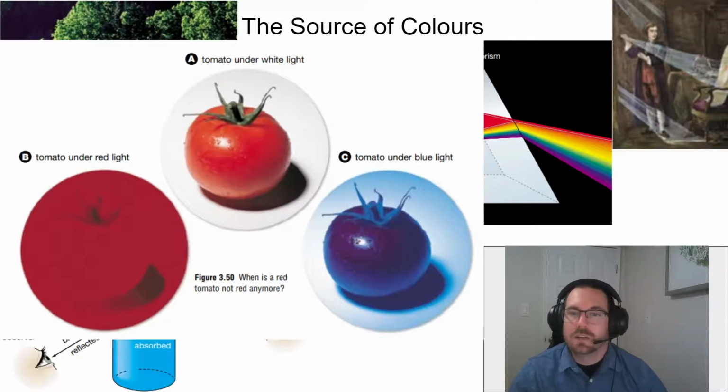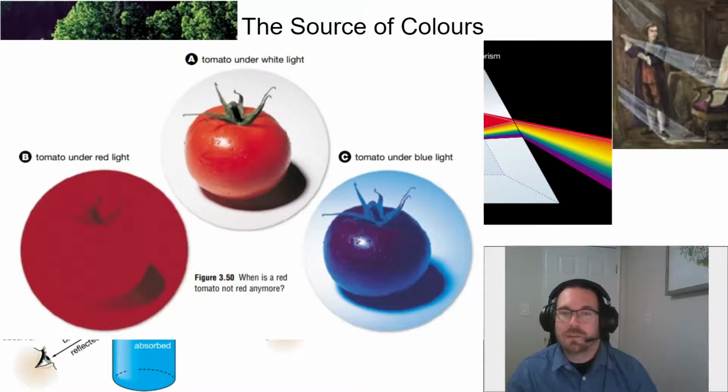Well, the other colors have been absorbed by the skin of the tomato. In our second picture, in picture B here, the tomato still appears red. We're now using a red light. The tomato still appears red because red light is not absorbed by the tomato. I mean, the whole thing looks red, but the tomato still looks red there.